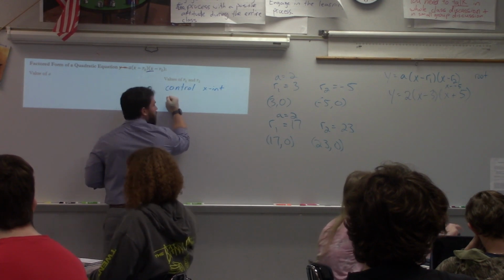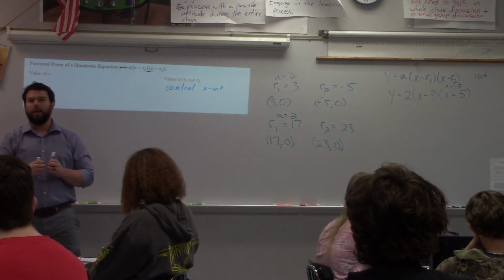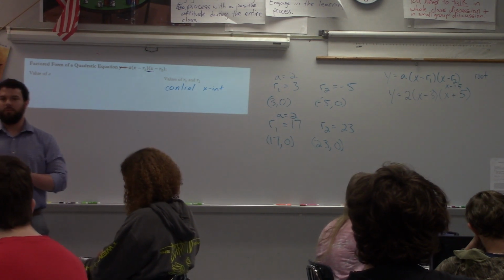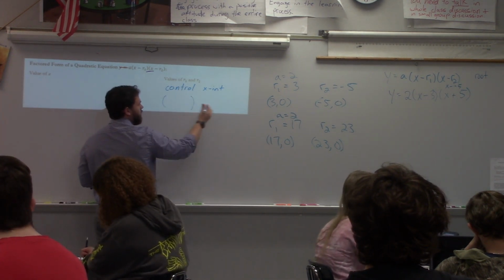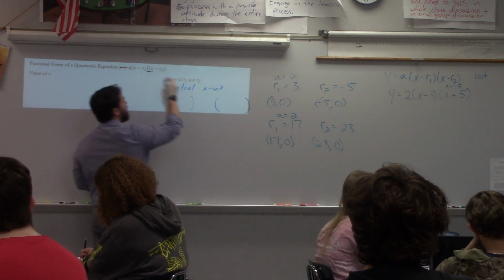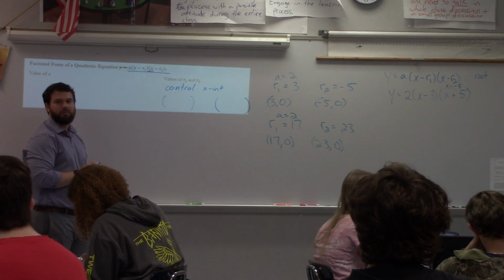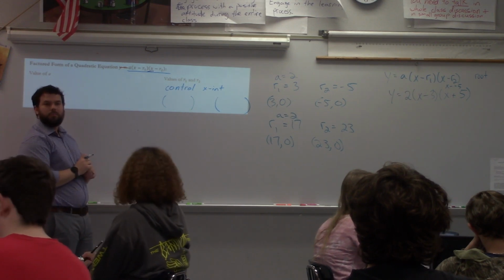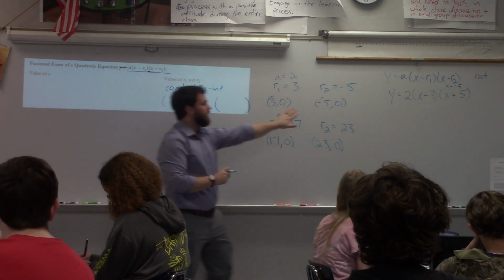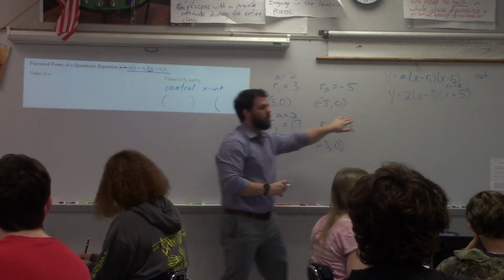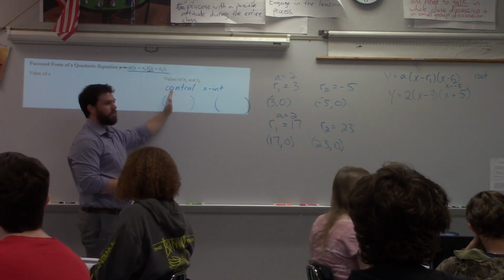So, R1 and R2, yes, they control the x-intercepts. What would we write for those x-intercepts based on our roots? Based on this generic equation, what would I write for those x-intercepts? Not necessarily this specific one, but what is the first x value?